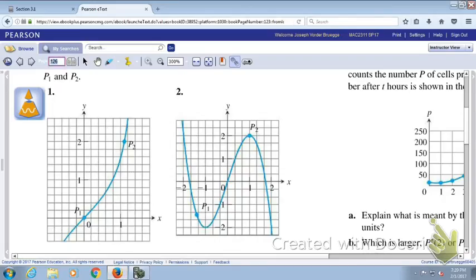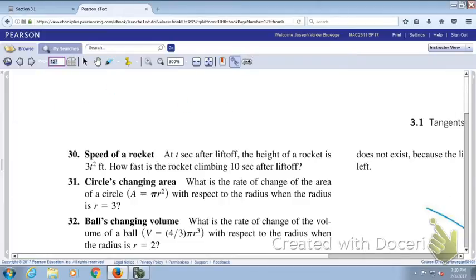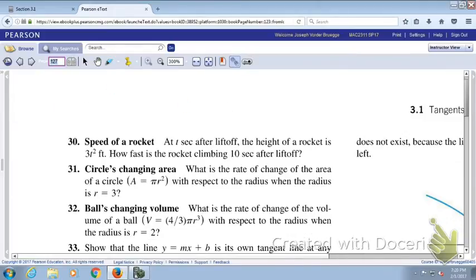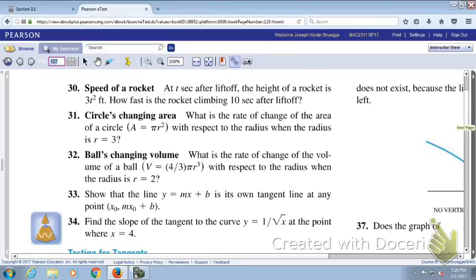Now, the derivative represents a rate of change, which we're going to spend pretty much all of your next test discussing the applications of. But let's just take a peek at some applications of it for now. So let's look at number 32.